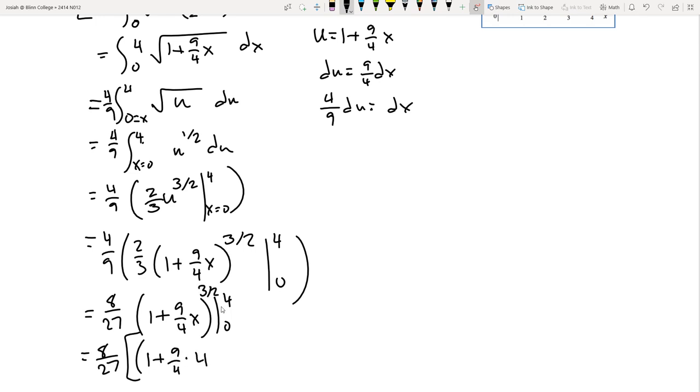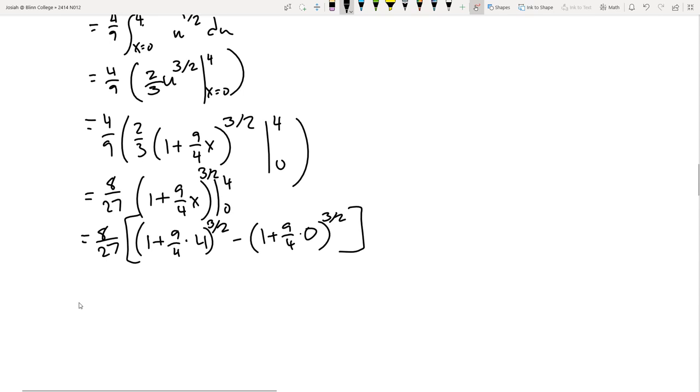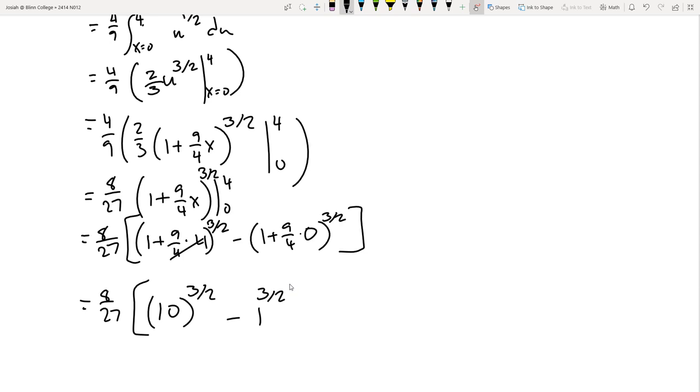Careful, my 3/2 fell off. Minus 1 plus 9 over 4 times 0. So we've got 8 over 27. The 4's cancel. We get 10 to the 3/2 minus 1 to the 3/2, which is just going to be 1. So we've got 8 over 27, 10 to the 3/2 minus 1.